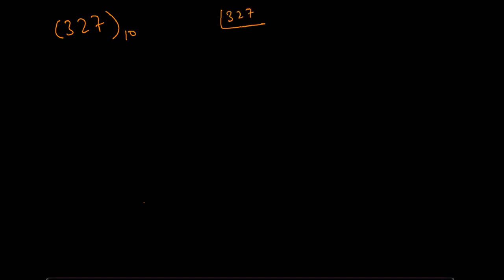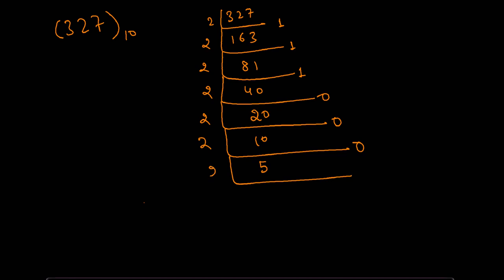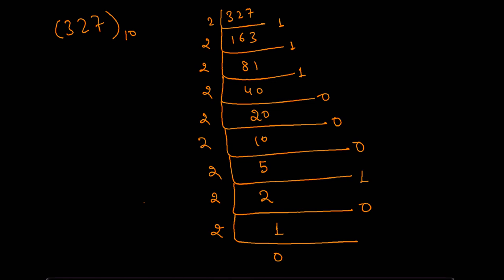This is 327. 2 into 163 is 326, so the remainder is 1. Then 2 into 81, remainder is 1. 2 into 40, remainder is 1. 2 into 20, remainder is 0. 2 into 10, remainder is 0. 2 into 5, remainder is 0. 2 into 2, remainder is 1. 2 into 1, remainder is 0. 2 into 0, remainder is 1.